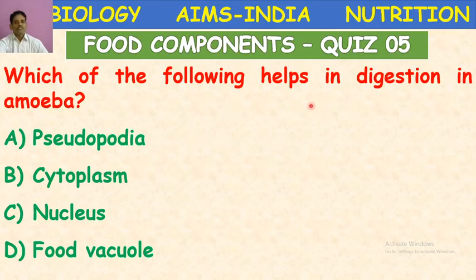Here the question is the part which helps in digestion in amoeba. Yes, option D is correct. Food vacuole. The food vacuole contains the digestive enzymes or hydrolytic enzymes. So in the food vacuole, the digestion takes place.